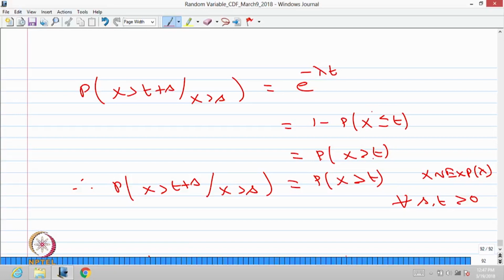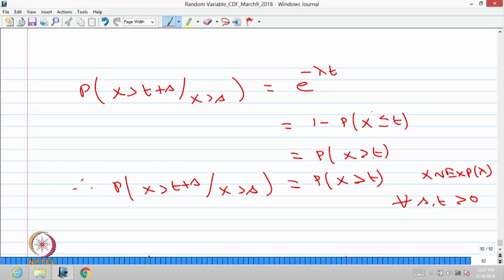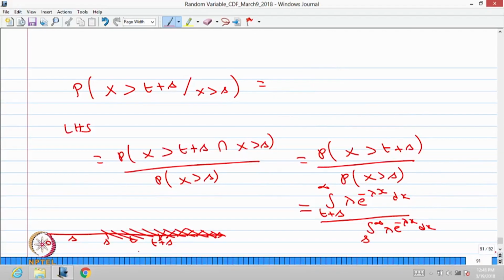This is possible only when x follows exponential distribution. So I conclude the probability of x greater than t plus s given x greater than s is the same as the probability of x greater than t, for all s, t greater than 0, whenever x follows exponential distribution.